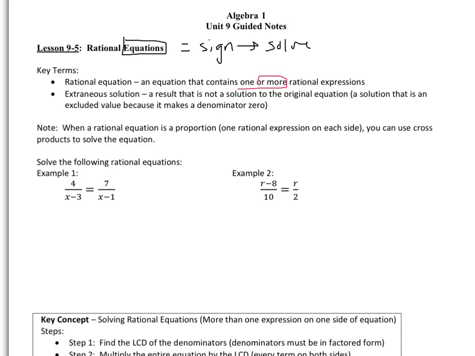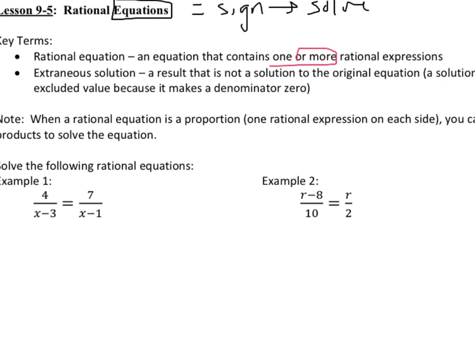Extraneous solutions come up again, and extraneous solutions are the same thing as excluded values, so we would have called these excluded values, which is right here, which means a number that causes a denominator to be 0.